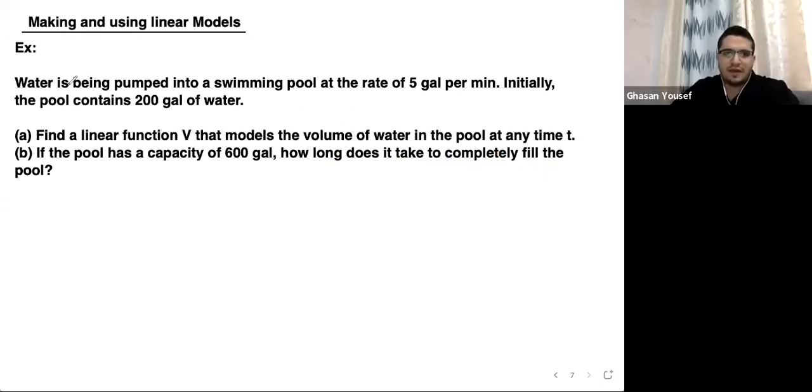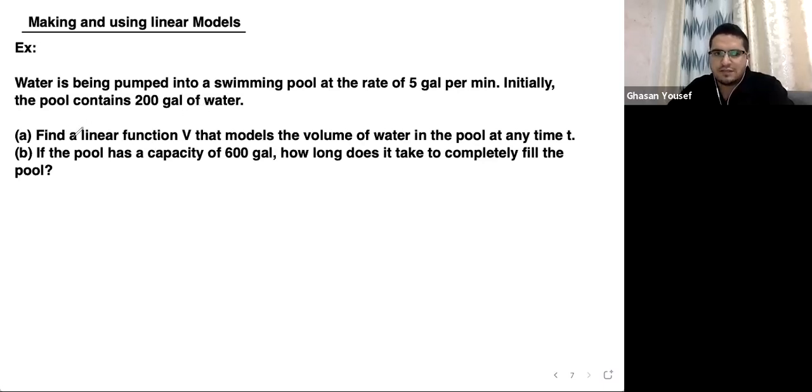Thank you so much. So I have water being pumped into a swimming pool at a rate of 5 gallons per minute. Every minute, 5 gallons get inside the pool. Also, initially the pool contains 200 gallons of water.